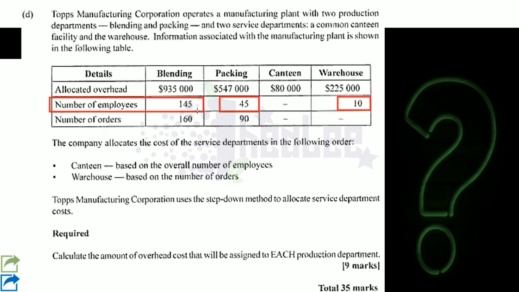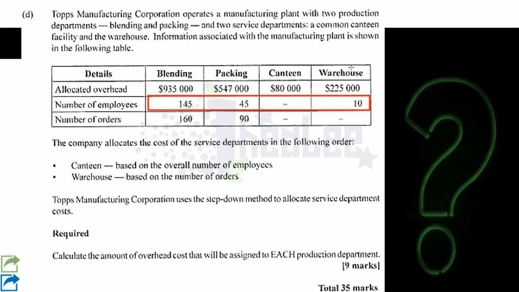So for number of employees, we have 145 employees in blending, and that's the numerator for blending. However, the total number of employees working in the organization would be 145 plus 45, which gives us 190, plus 10, which gives us 200. So our denominator is 200.